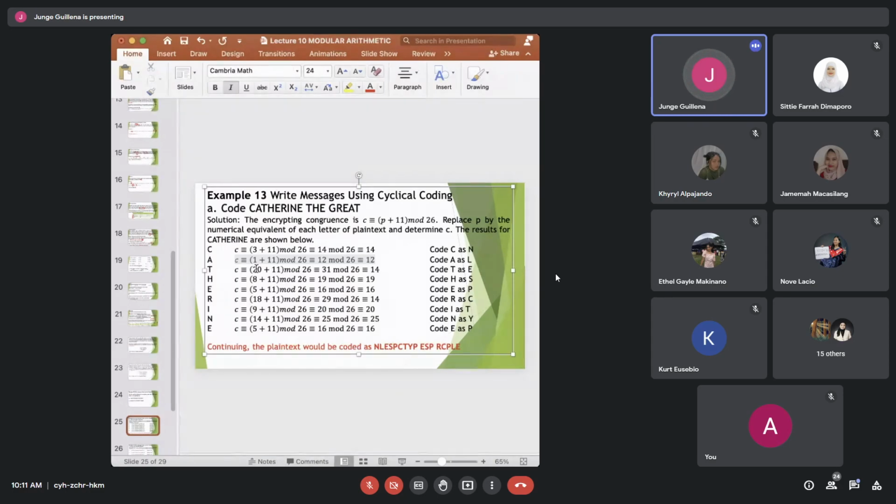P is 20, so 20 plus 11 is 31. 31 modulo 26, how many times does 26 go into 31? 31 divided by 26 is 1 remainder 5. Okay, sorry, I made a mistake in class. The answer is 5, not 14. Okay? So that's why you code T as E.